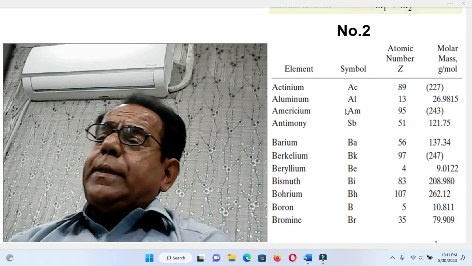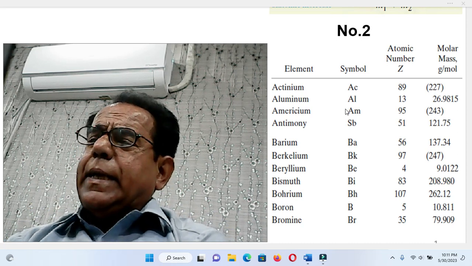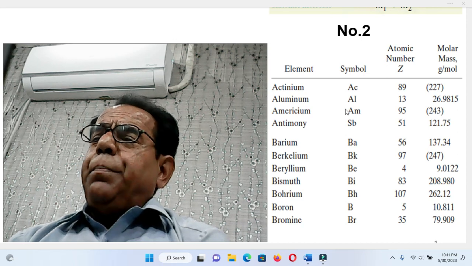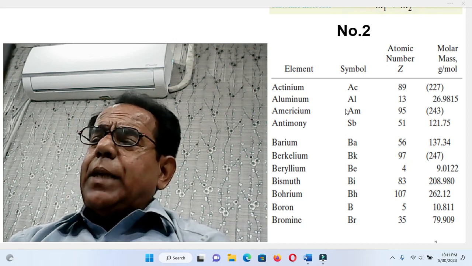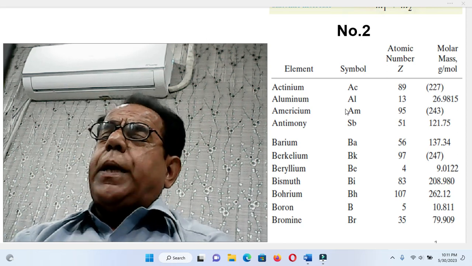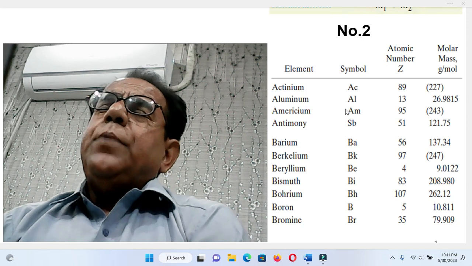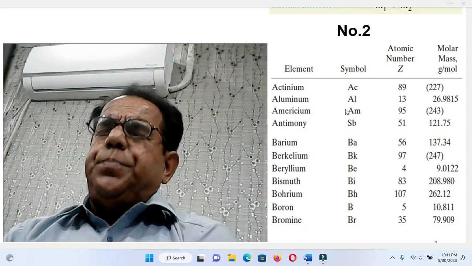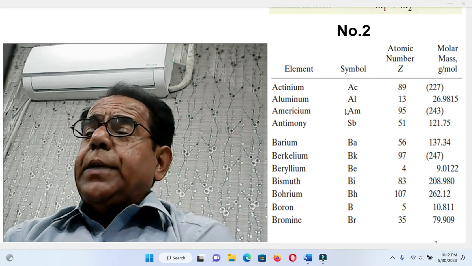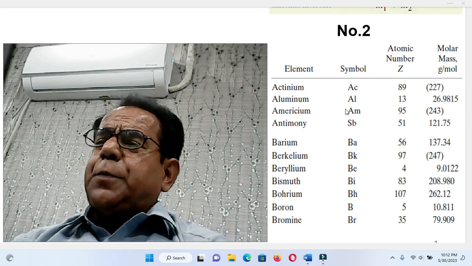Dear students, this table is quite lengthy, but here I have selected only the first 4 columns, because we are concerned only with such an expansion of this table.